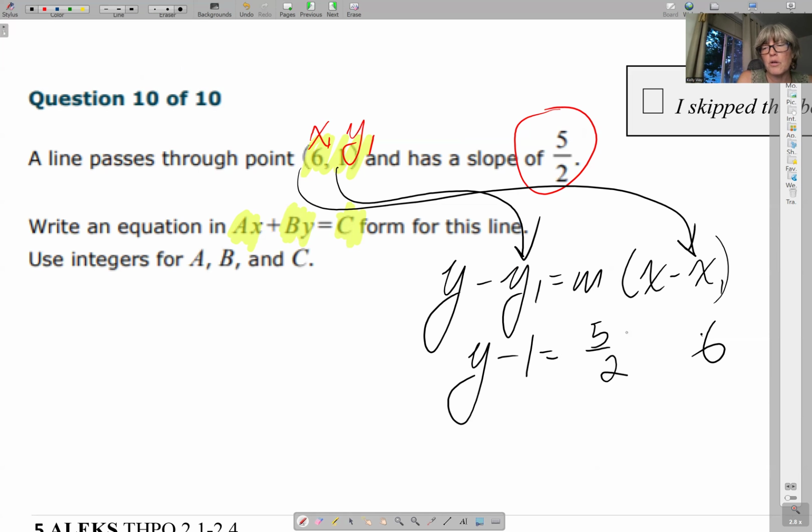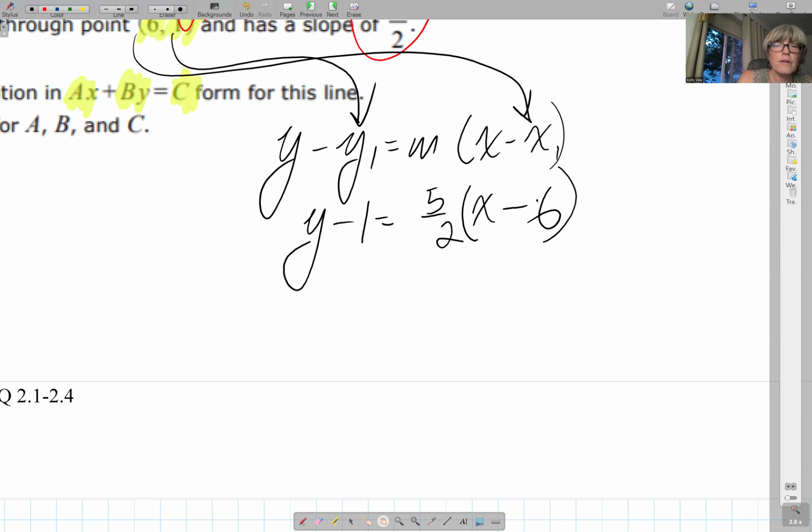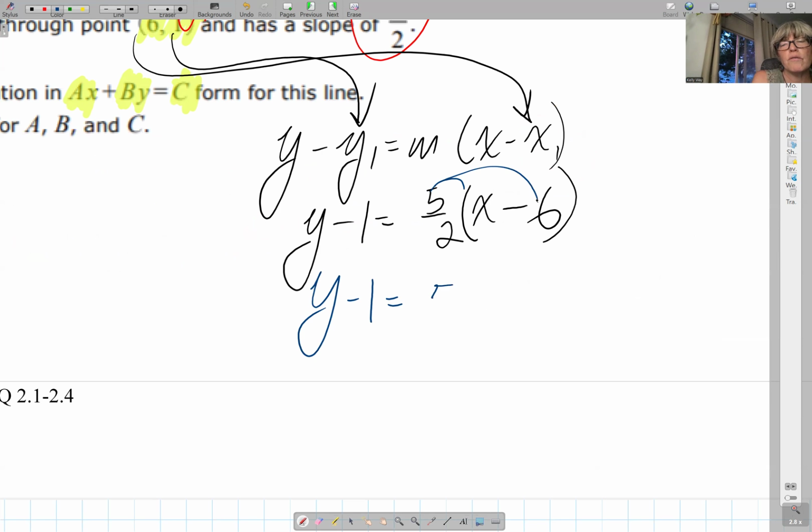Y minus 1 equals 5/2 parentheses x minus 6. All right. Now, at this point, I am going to distribute, and we have y minus 1, 5/2x.